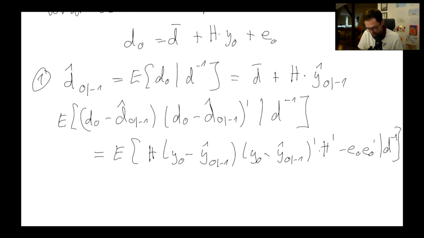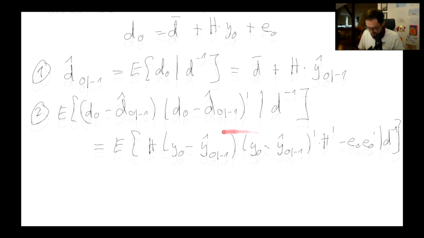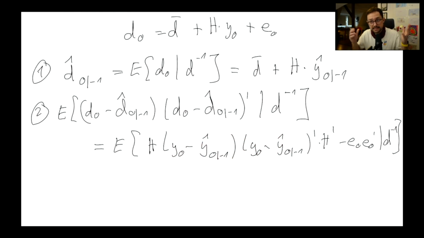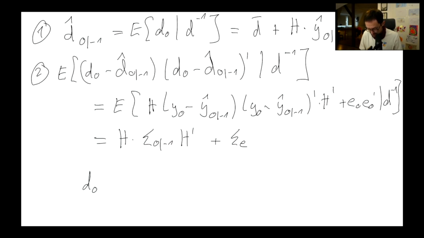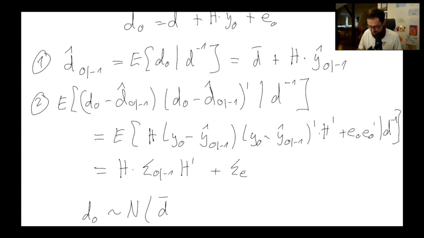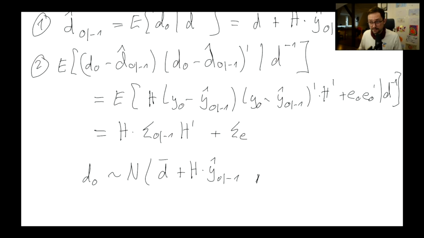Okay, that is my conditional mean and the conditional variance now. This is our definition of sigma 0 given -1. So this is h times sigma 0 given -1, h prime, sorry, there's a plus here, plus sigma e. Okay, now we have the distribution of d0. So d0 is normally distributed with this guy over here as its mean, and covariance matrix, this guy over here.